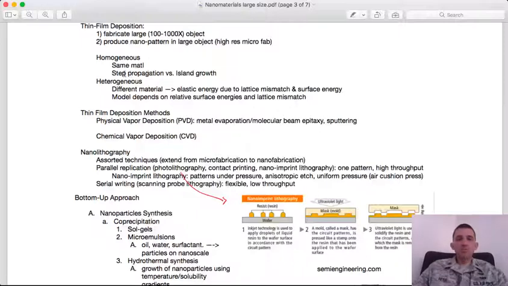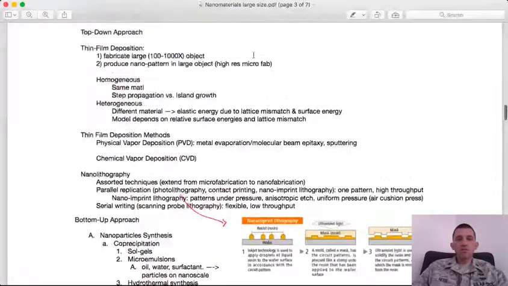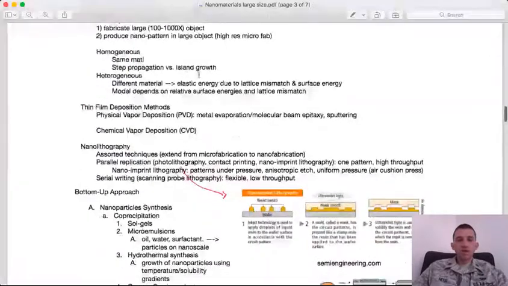And if you have atoms arriving too quickly, then they don't have time to find that plane, and you get island growth. Well, for the sake of growing a nanomaterial, you may want to actually encourage island growth and then find some way of creating these islands in a pattern.